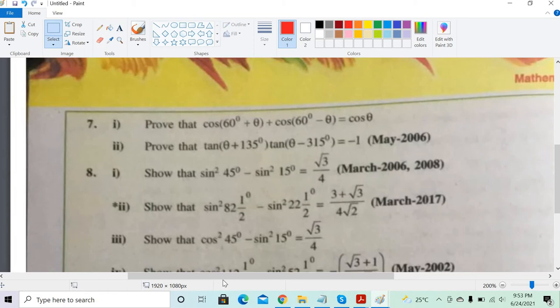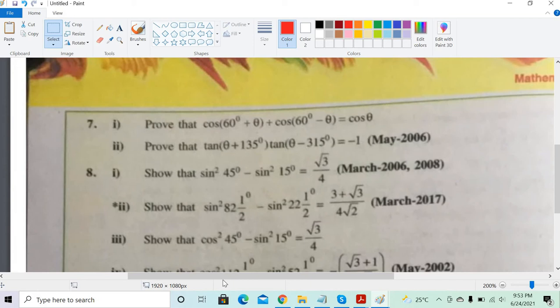So you took it as tan theta minus tan 315 by 1 plus tan theta tan 315, the normal tan A minus B formula. So tan theta minus tan 315, correct.